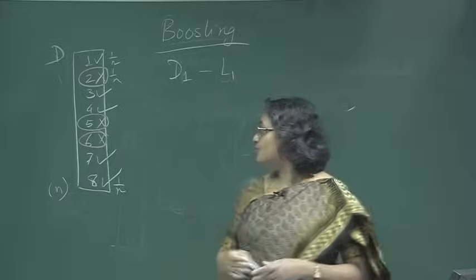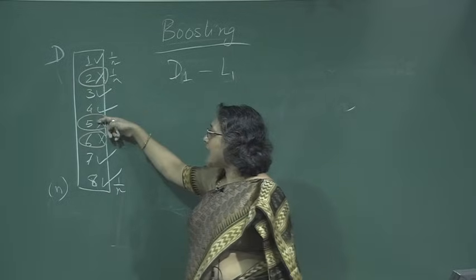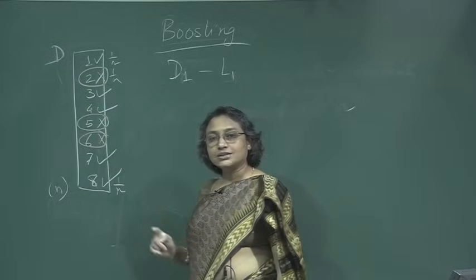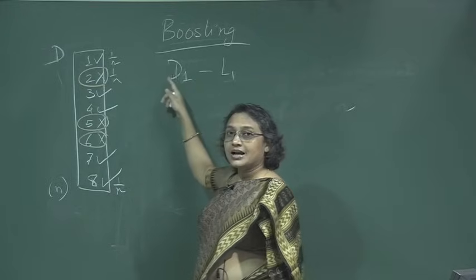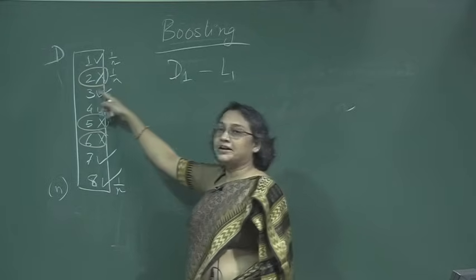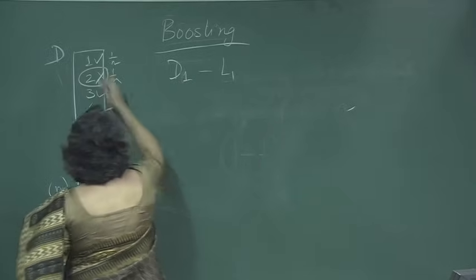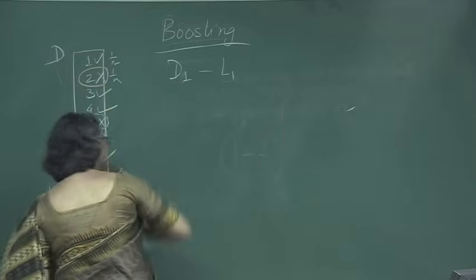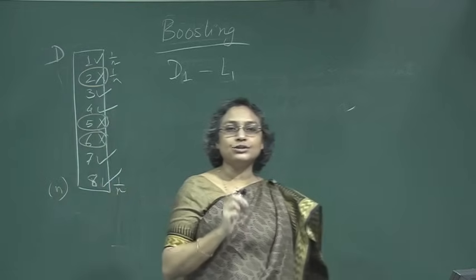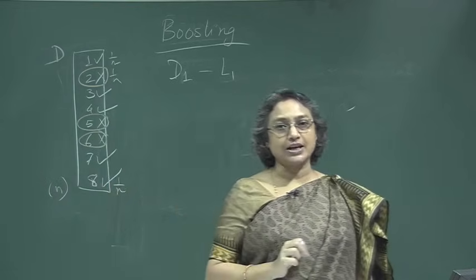So, we want to hike the probability of those instances which were not correctly classified by learner L1. And so, we will have the same data set, but now the probability distribution will change.